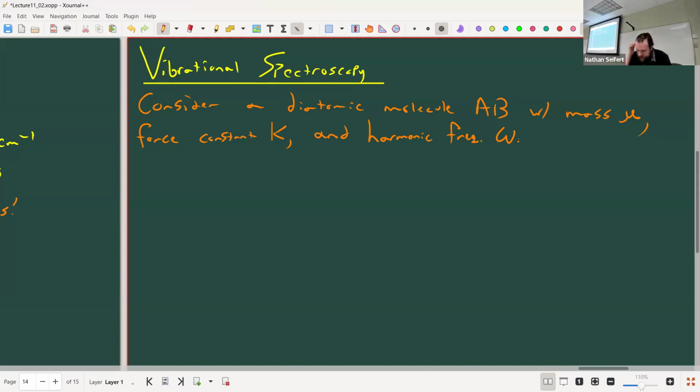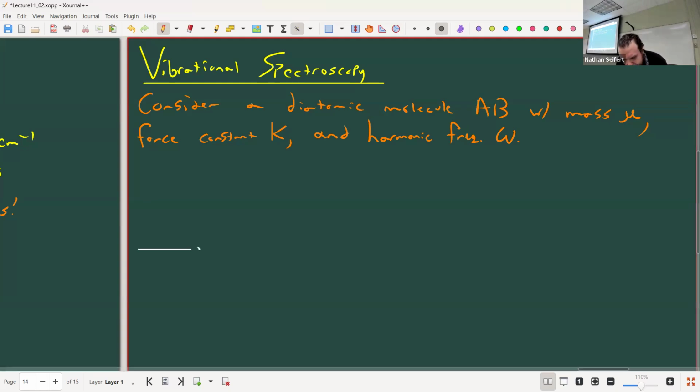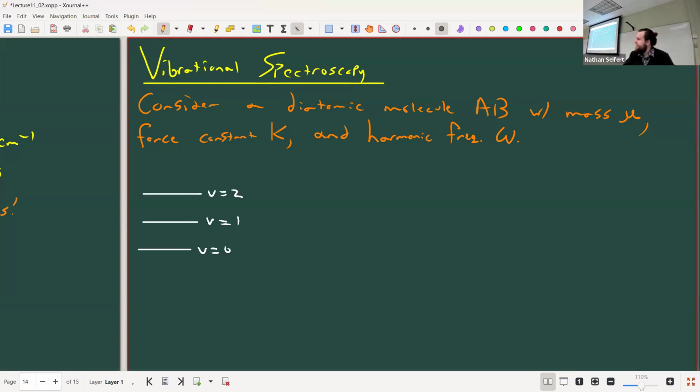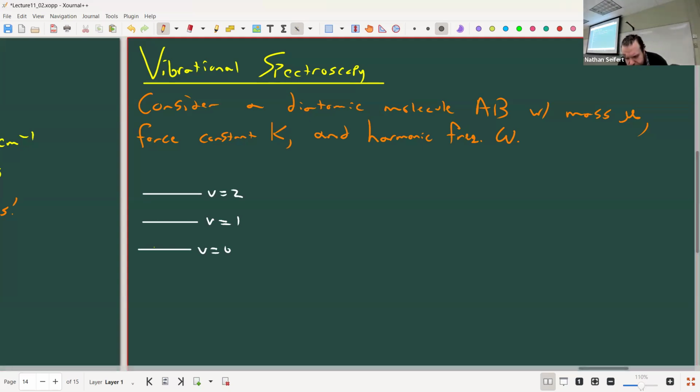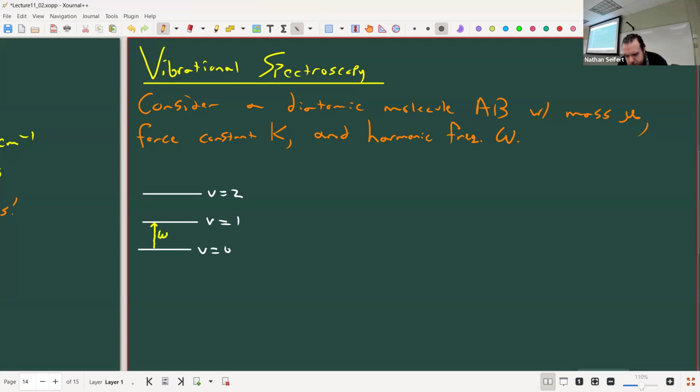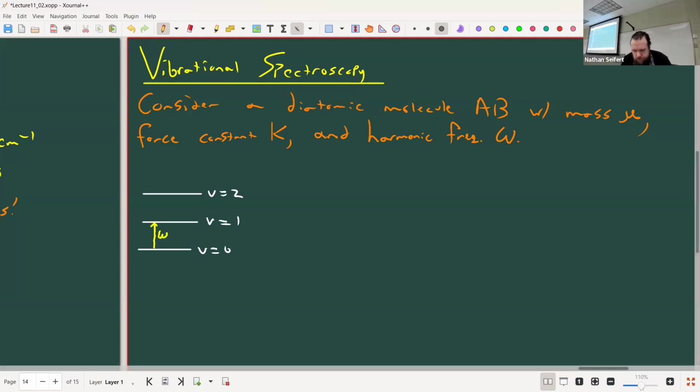What I want to do is take this molecule. We have some energy levels here, V equals 0, V equals 1, V equals 2. And I want to think about transitions between all of these levels. Let's say our system starts at V equals 0 and we excite to V equals 1. That's going to be at frequency omega.